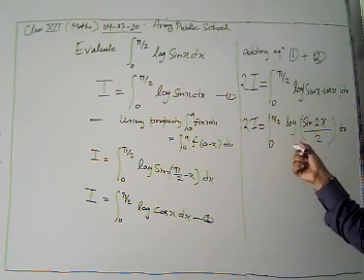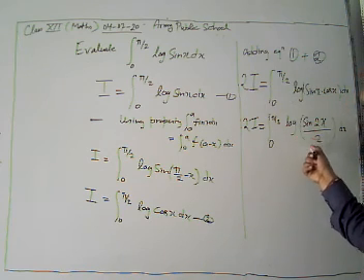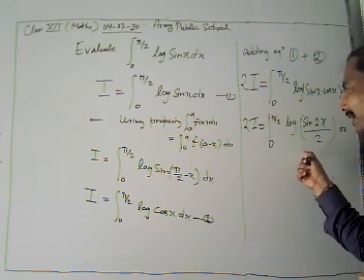Now we apply the log property here: log of m by n means log m minus log n.